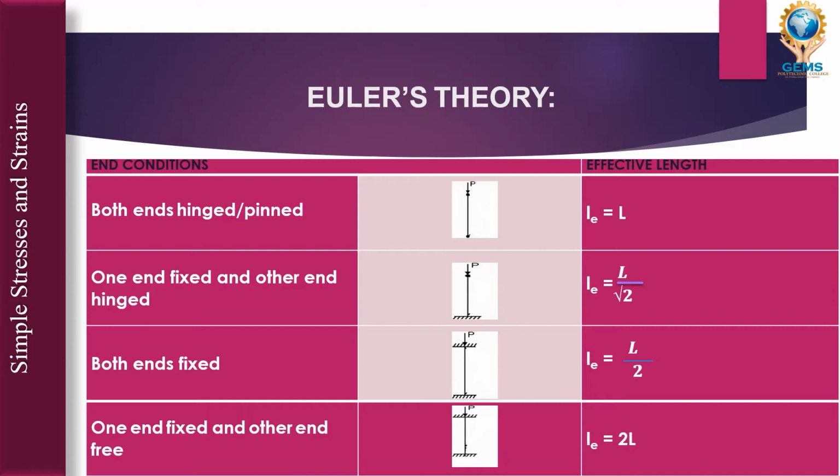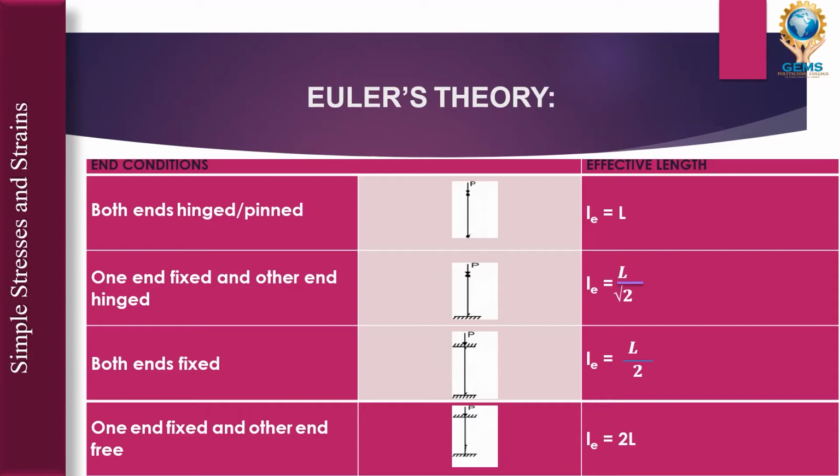So in exams also, many times they ask you to explain the end conditions of the column. So what you have to do: on one side write the end condition, on the other side write the effective length. Then see, as I gave its value in previous classes also: if both ends are hinged, also known as pinned, then effective length will be equal to the original length, understand? If one end fixed and another end hinged, then effective length LE will be equal to L divided by root 2.